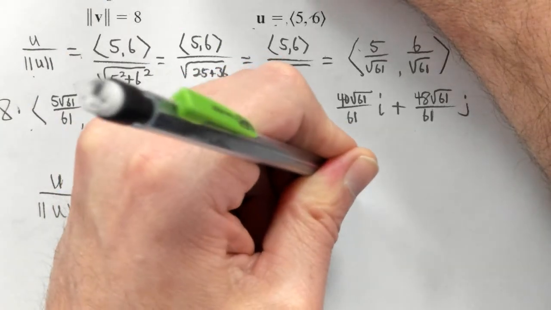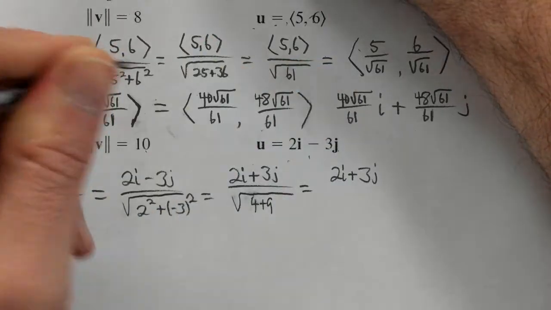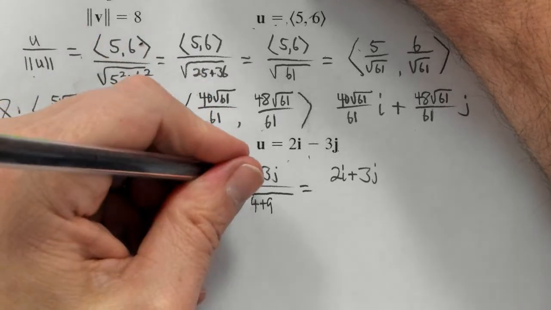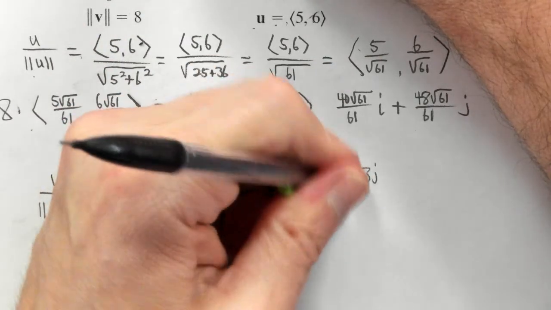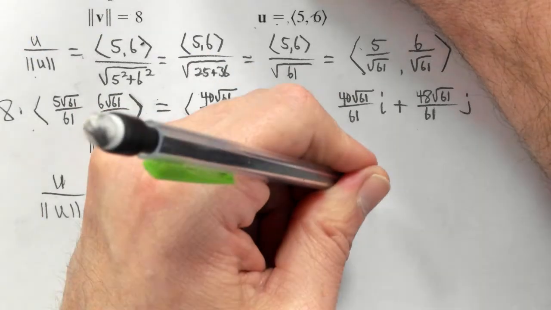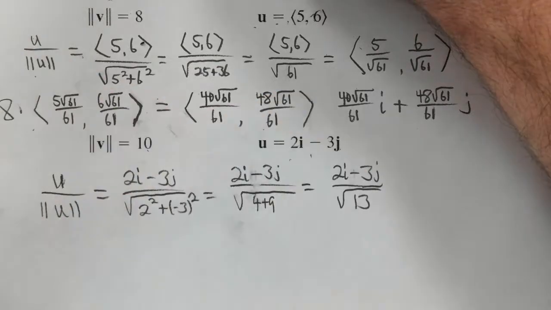Oh, I changed that minus to a plus somehow by accident. Didn't want to do that. Let me change it back. It's still a minus. But that is over the square root now of 13.